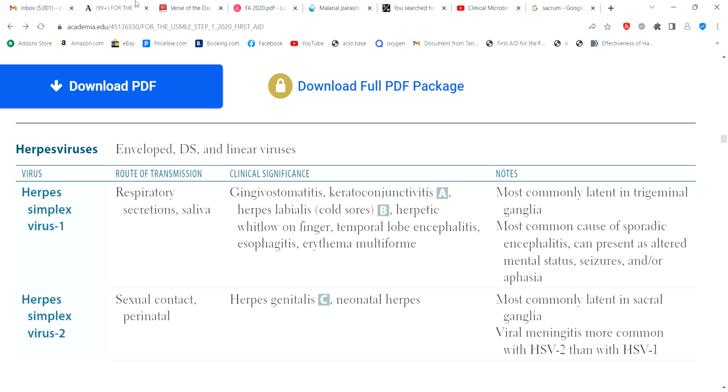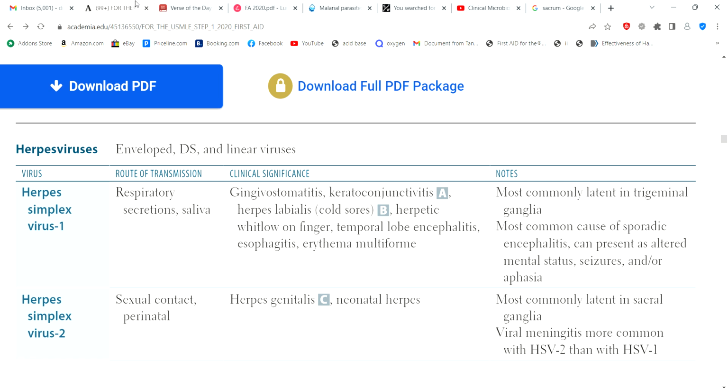Alright, so HSV2 causes viral meningitis, which is more common with HSV2 than HSV1. HSV1 causes temporal lobe encephalitis. HSV2 causes viral meningitis.